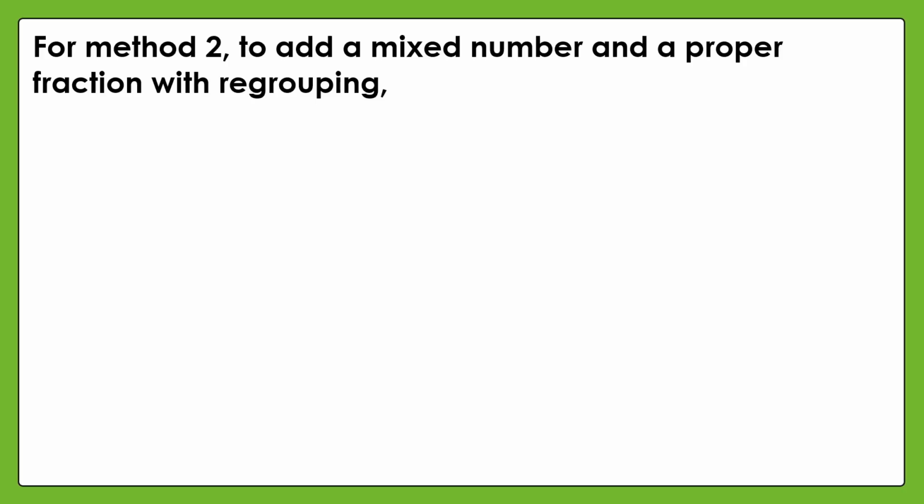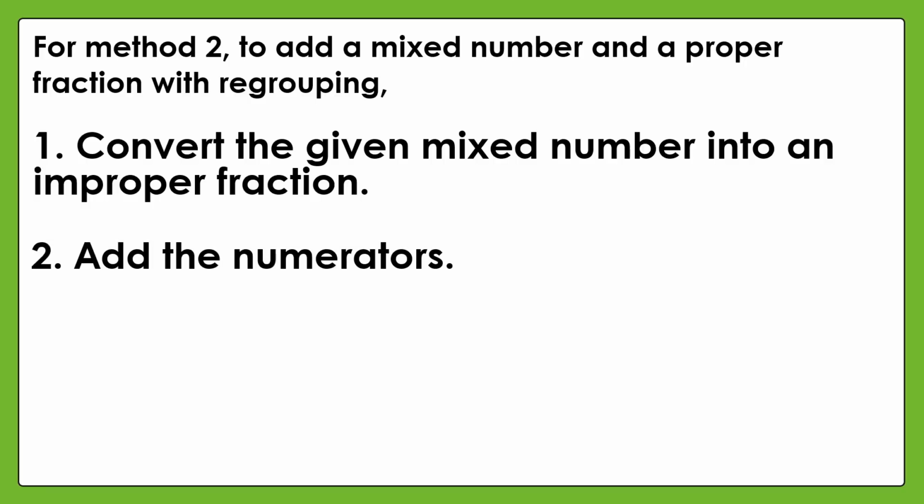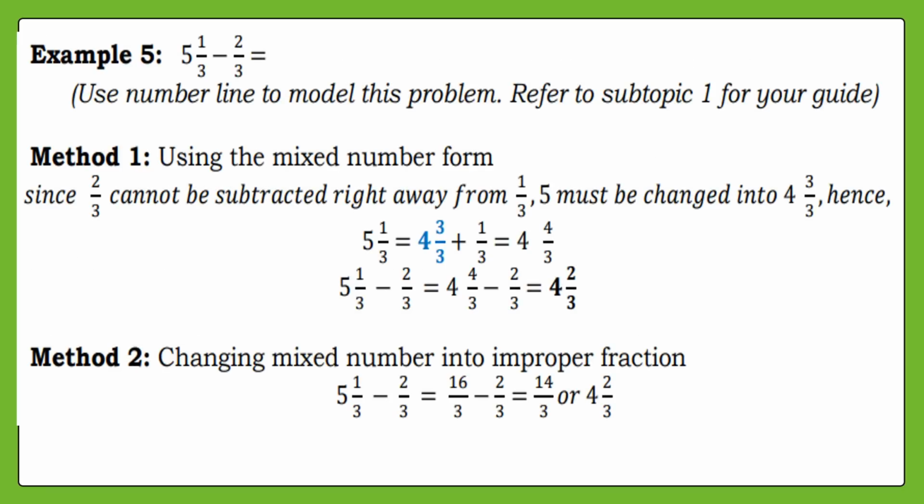For method 2, to add a mixed number and a proper fraction with regrouping, first, convert the given mixed number into an improper fraction. Second, add the numerators. Third, copy the common denominator. Here's example number 5 with method 1, use the mixed number form, and method 2, changing mixed number into improper fraction.